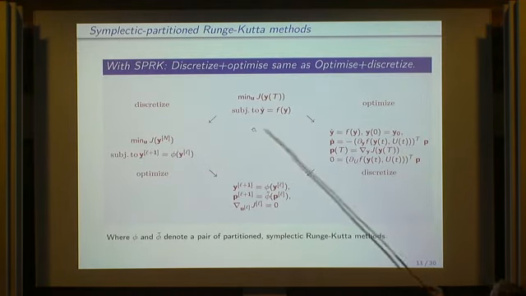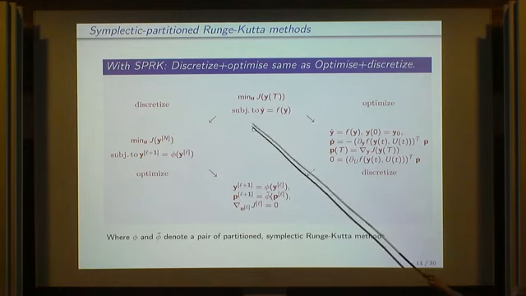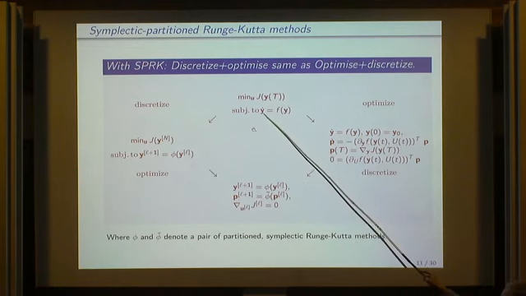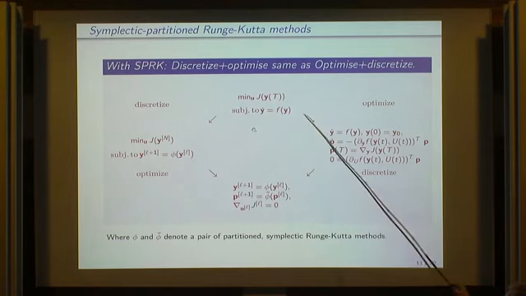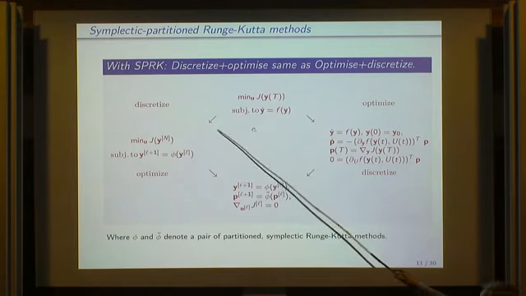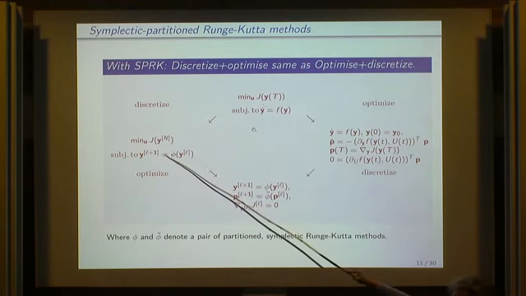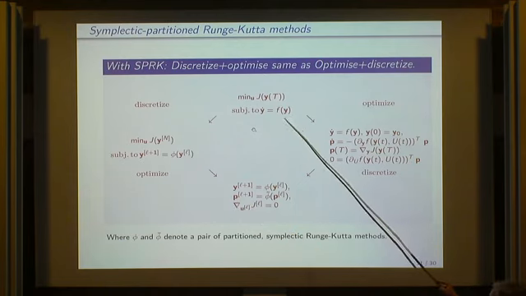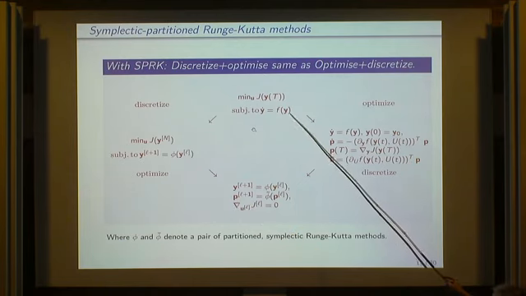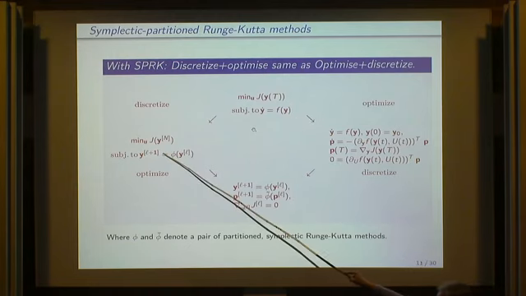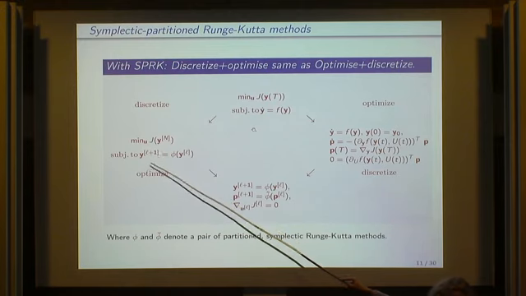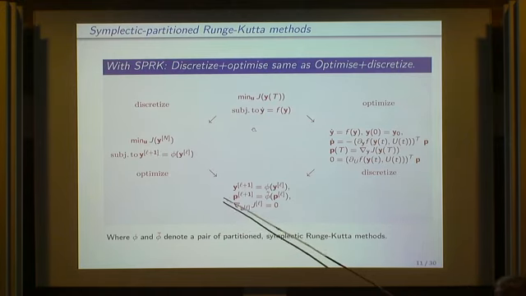If I have my optimal control problem, and I discretize, so I choose a Runge-Kutta method for this problem, for example, and then I get a discrete problem down here, and I optimize with respect to the discrete parameters. Here I have a u that is continuous, and down here I will have a discrete number of parameters. Now I optimize with respect to these parameters, I get something.